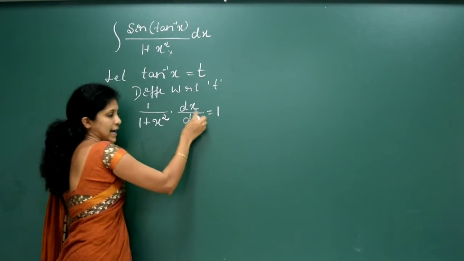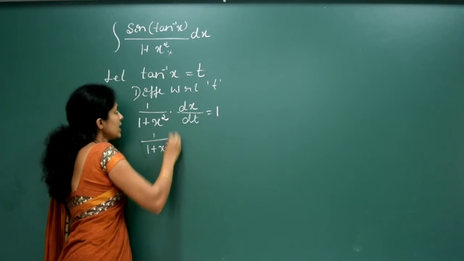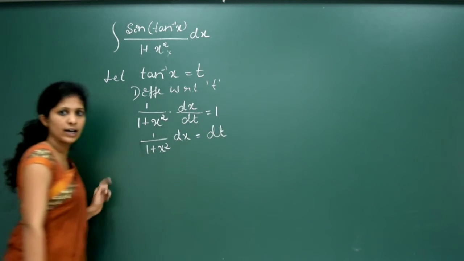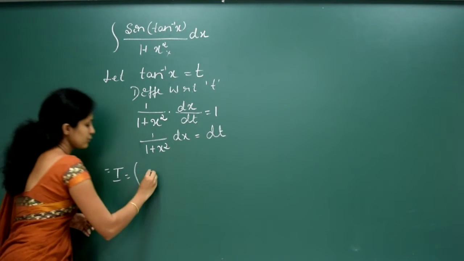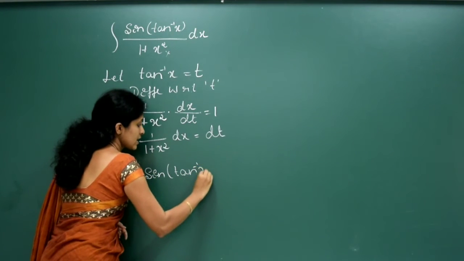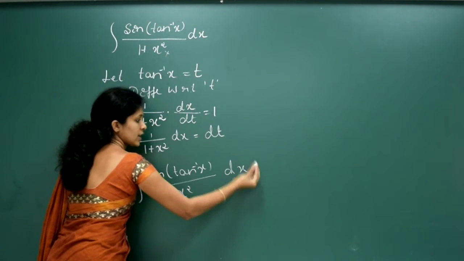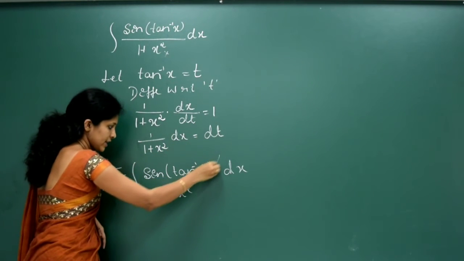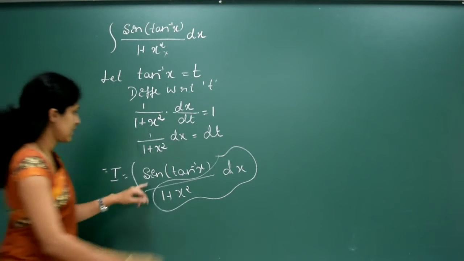Actually no need to write this step, directly you can write 1 by 1 plus x square dx is equal to dt. I will substitute this. I is equal to the integration of sine of tan inverse x divided by 1 plus x square into dx. Here 1 by 1 plus x square into dx is equal to dt. So we will substitute that.